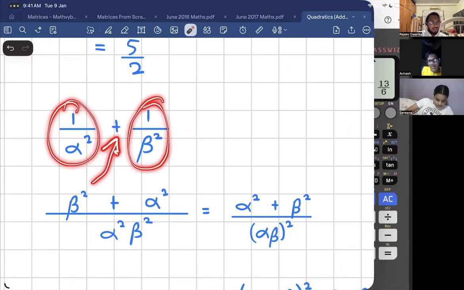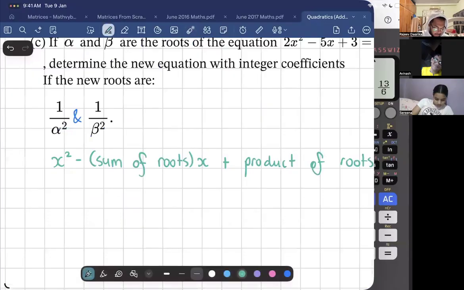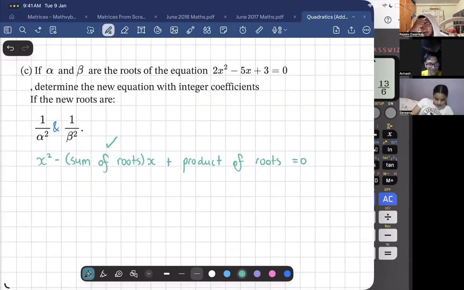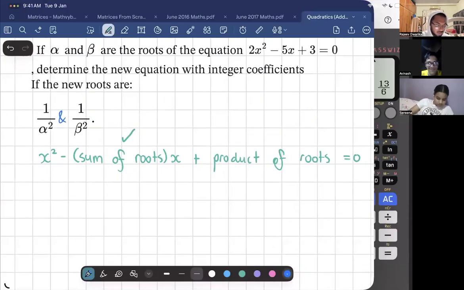Think about what you just said. You're adding them. All right, so hear this now. In the last part, we just found the sum. So what is the only part we need to now find? The product. So Avinash, what are the new roots again? What are the new roots?